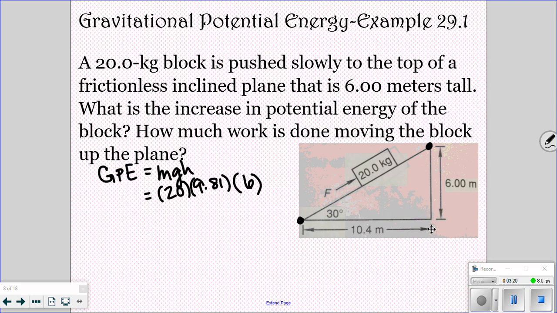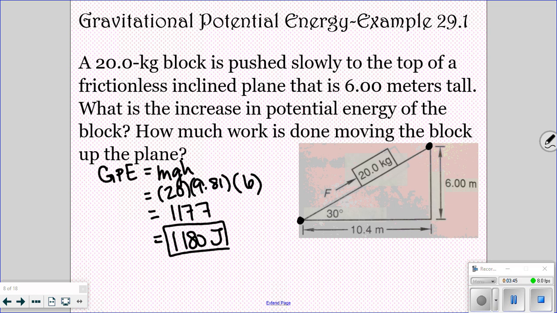It's just how tall you are, not how far away from the point you went. So we went up 6. You get 1,177 if you multiply those, and we have 3 sig figs, so 1,180 joules. So that's the first question they ask.